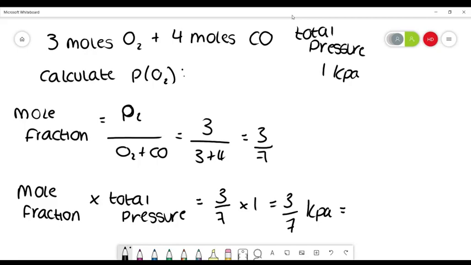Normally you'd give partial pressures in decimals, so 3/7 in decimals is 0.429 kilopascals.